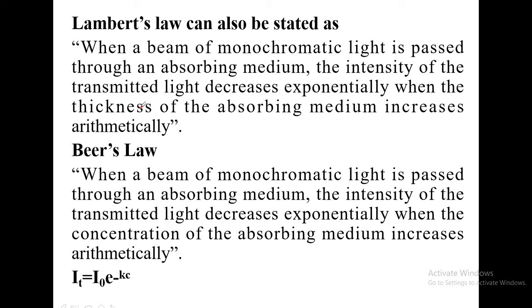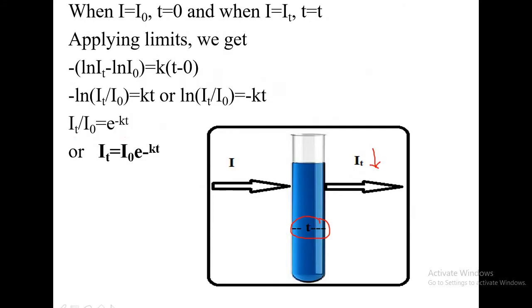statement like this: when a beam of monochromatic light is passed through an absorbing medium, the intensity of the transmitted light decreases exponentially when the thickness of the absorbing medium increases arithmetically. What he said is, when a beam of monochromatic light is passed through an absorbing medium, the intensity of the transmitted light, that is the light which is coming out, decreases exponentially.